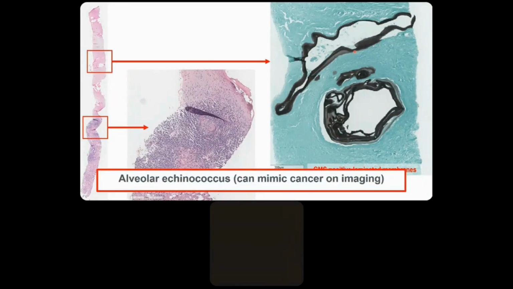And in this case, PCR testing was also performed, which confirmed alveolar echinococcus caused by the tapeworm Echinococcus multilocularis. And this condition carries a particularly high mortality rate if left untreated and can mimic hepatic malignancy on imaging.